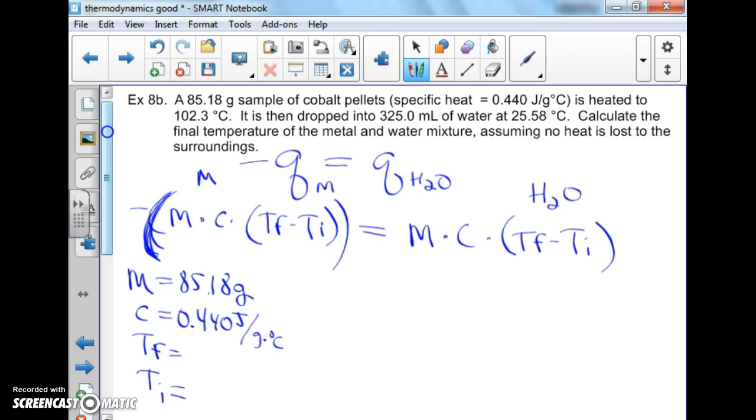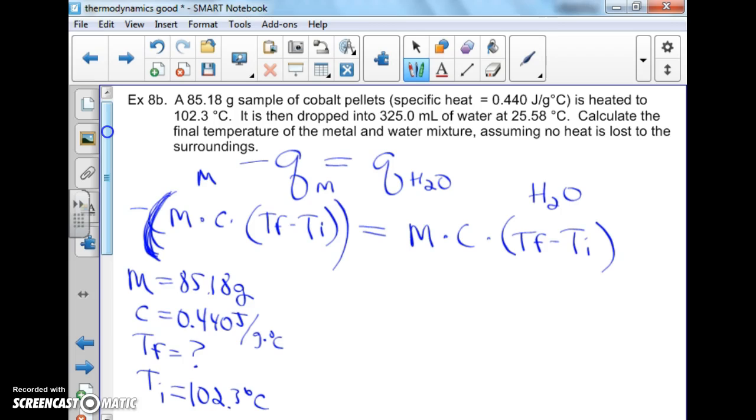We're looking for TF. Remember, the TFs will be the same, because both of them are going to get to the same final temperature. So what is my initial temperature for the metal? 102.3 degrees Celsius. Now we've got all the data we needed for the Q for metal.